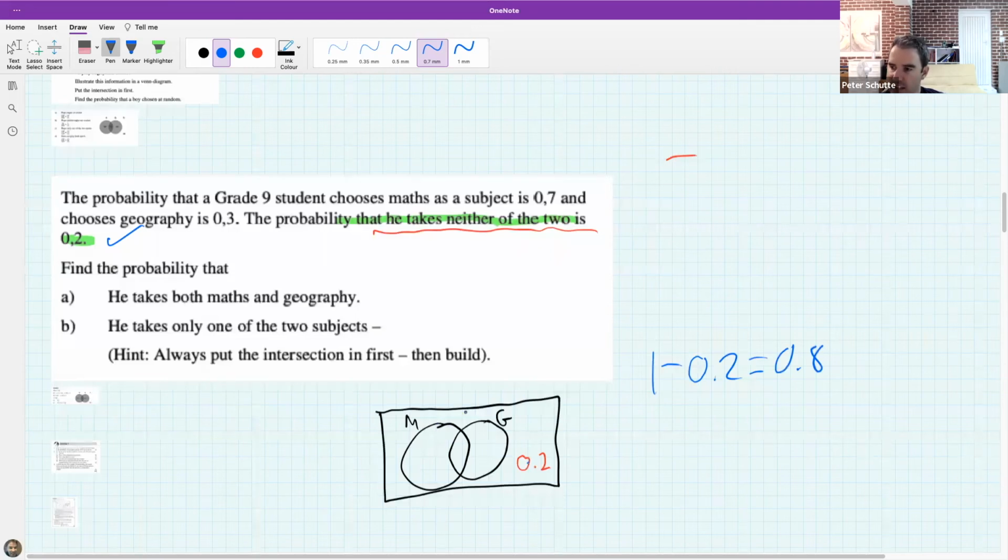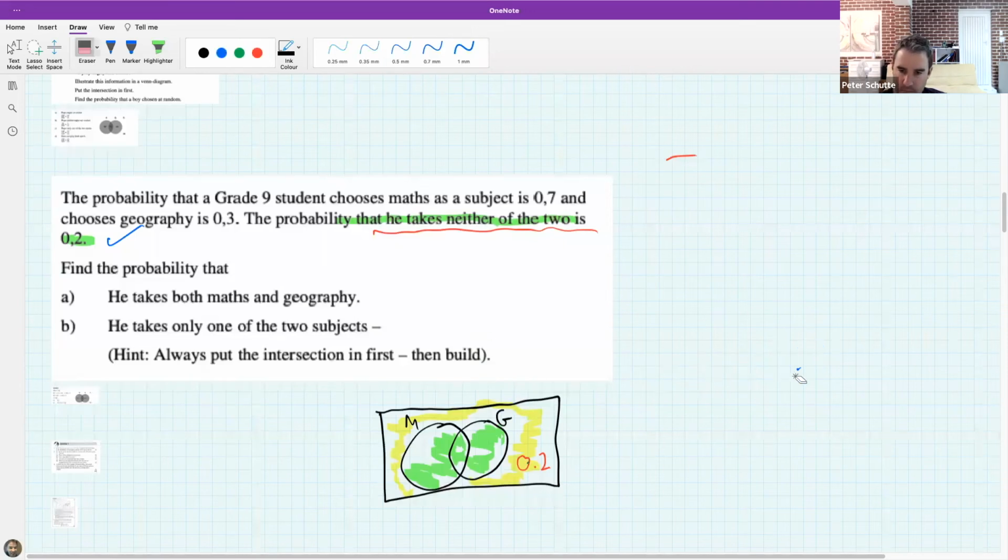Now, Inam has asked the same question. If you imagine the regions in this question, the 0.2 region is everything in the rectangle but not in the circles. Inside the circles must add up to 0.8, because together I must get up to 1. So I just went 1 minus 0.2 to get the 0.8.